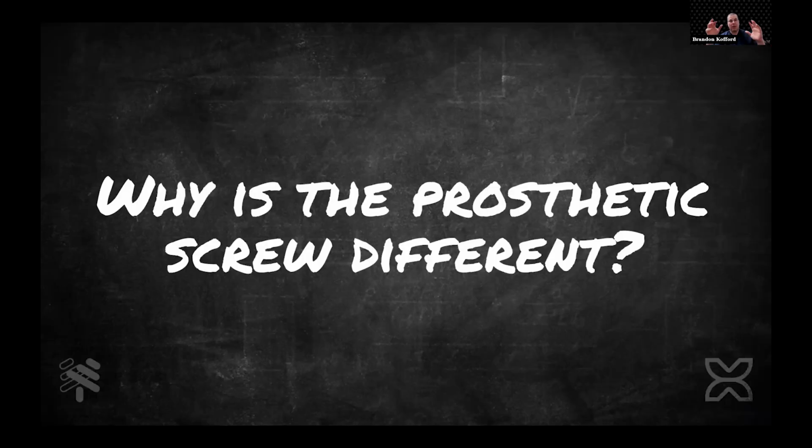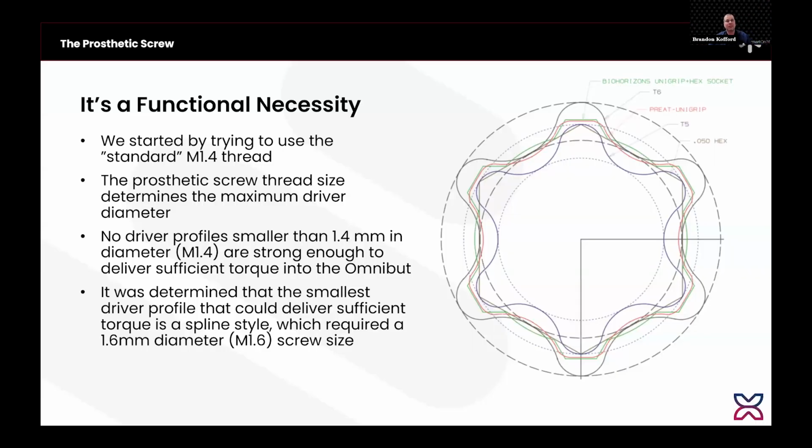All right, so now another big concern that people have is, oh my gosh, why did you change the prosthetic screw channel? Why did you change the prosthetic screw? Why didn't you stick with the M1.4 by 0.3 threads? It was a functional necessity.